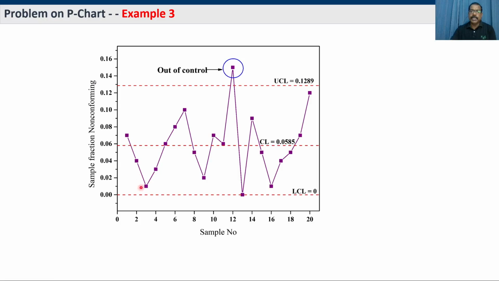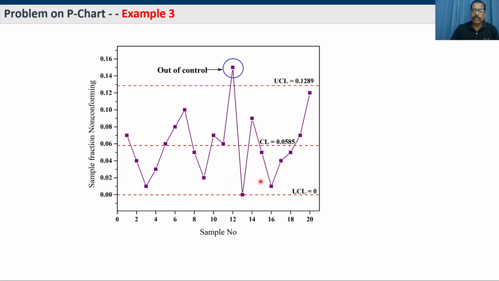Then you plot the CL value, the upper control limit value and the lower control limit value, with 20 data points plotted, the x-axis being sample numbers, meaning subgroup 1 to 20, and the y-axis the sample fraction non-conforming, because out of each 100 sample you got a number of defectives in your table. So it will be plotted how many defectives are available.